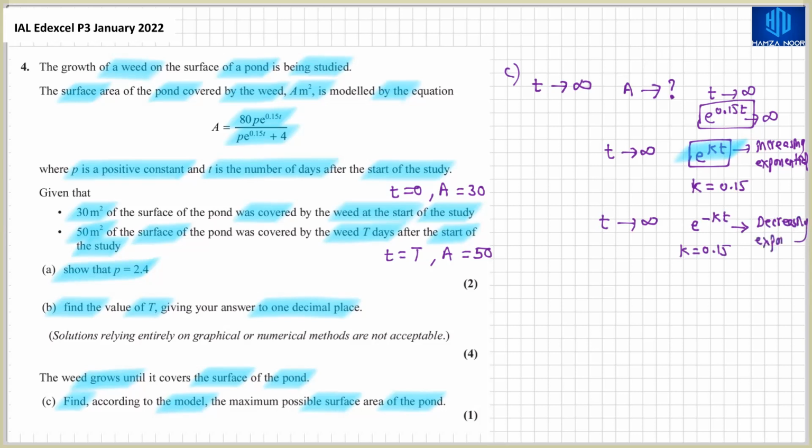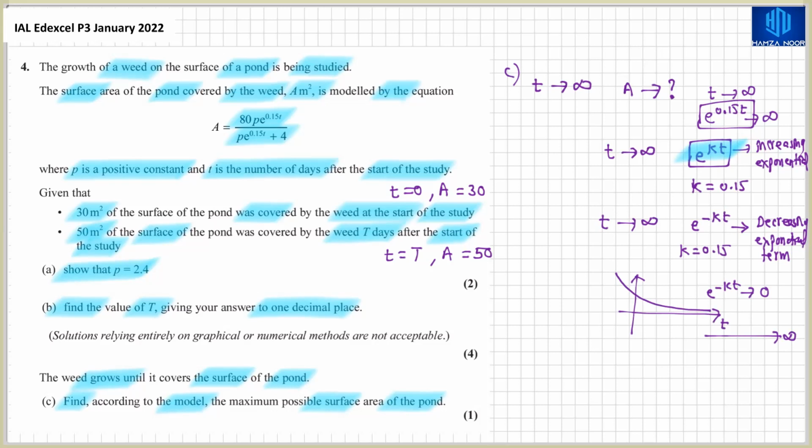If you make a decreasing exponential graph, it looks something like this: when t approaches a very large value, going towards infinity, e raised to the power minus kt approaches 0.